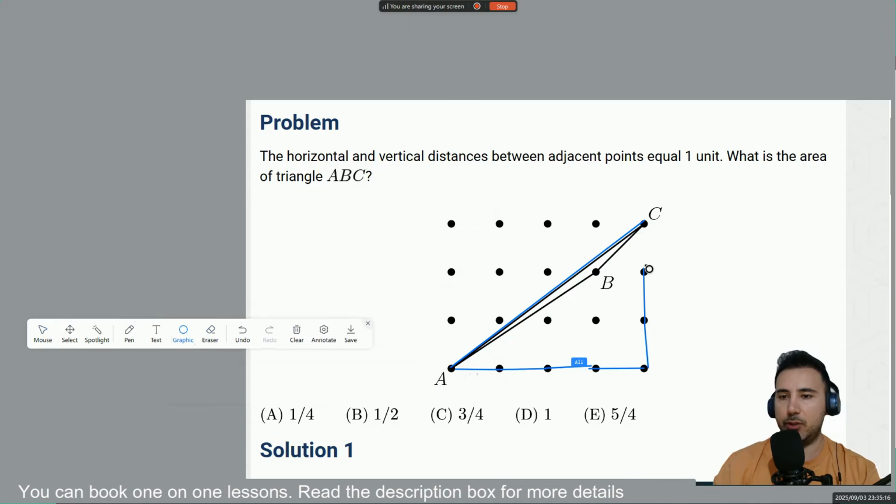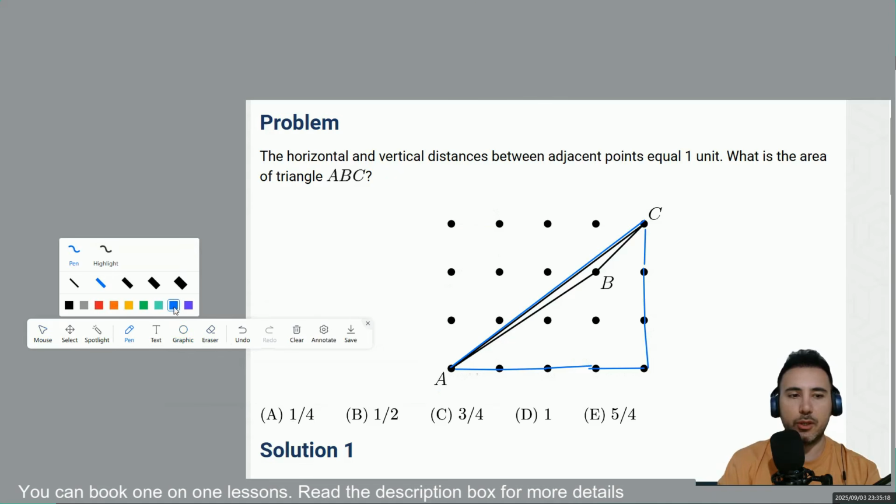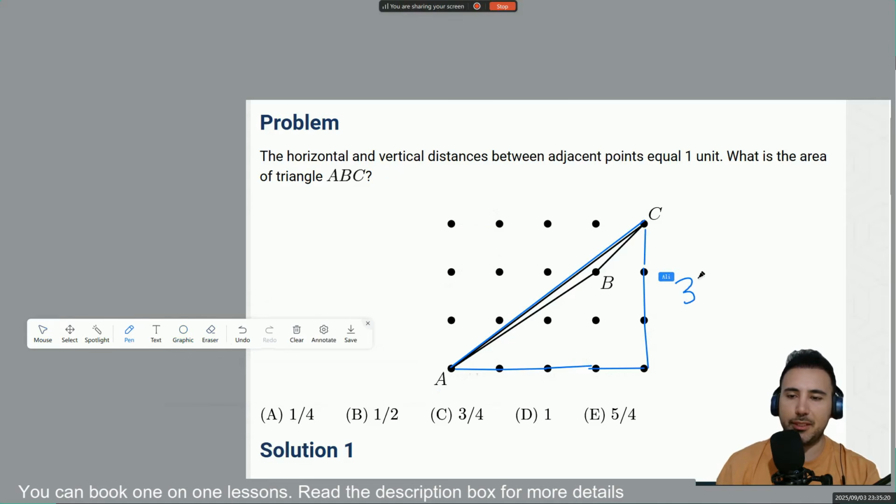So we know, most of you already know, if this is 3, this is 4, then this line is 5, right? So this question wants the area of this small triangle. Think about how you could find the area of this triangle. This is an interesting question.